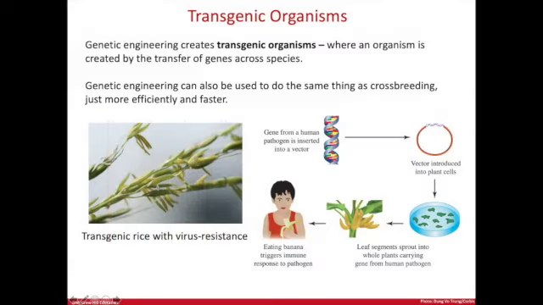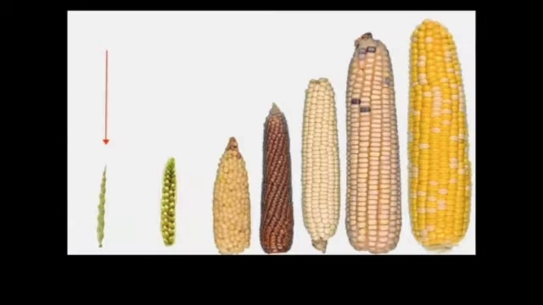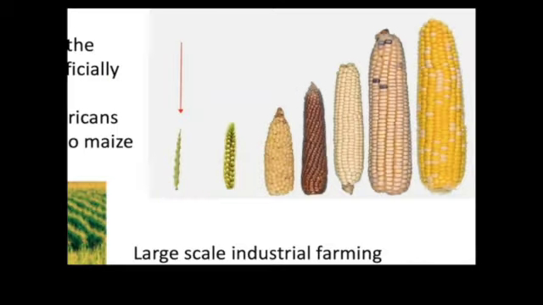The thing about genetic engineering, though, is it has its roots in good. The original purpose is for greater good, to create better things like a rice that's virus resistant, or even in the natural selective breeding process in which corn was developed as a food originating from a wild grass.